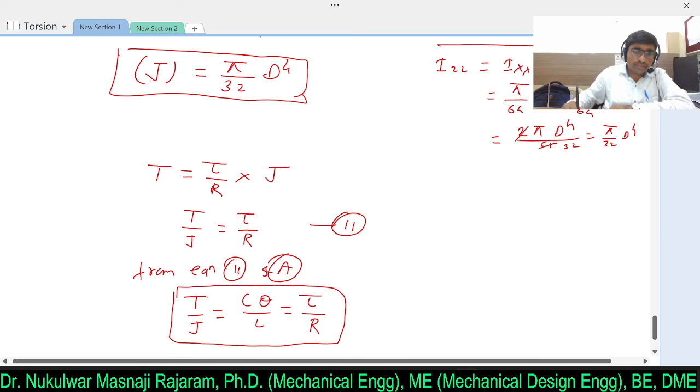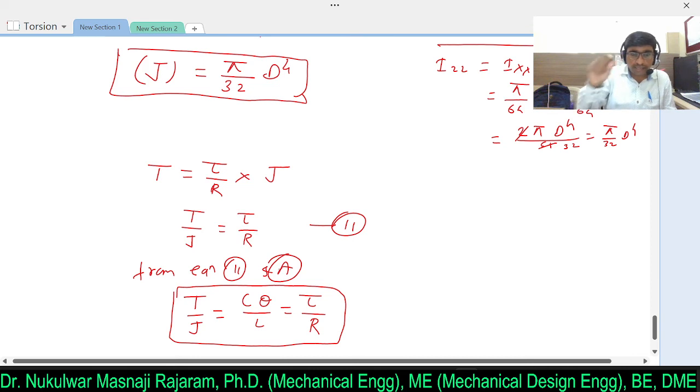In this equation, T is nothing but the total torque or maximum torque which can be transmitted by a solid or hollow shaft. J is the polar moment of inertia along the direction perpendicular to the plane. C, here we can write G also, that is the modulus of rigidity. Theta is the angle of twist.